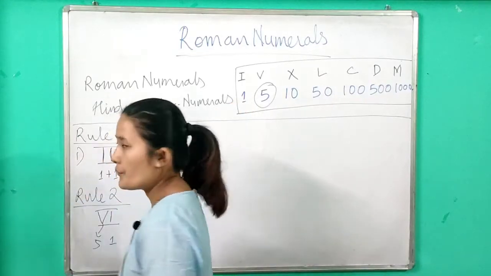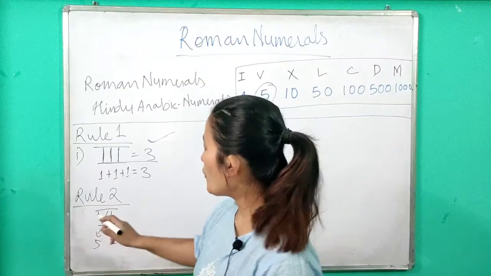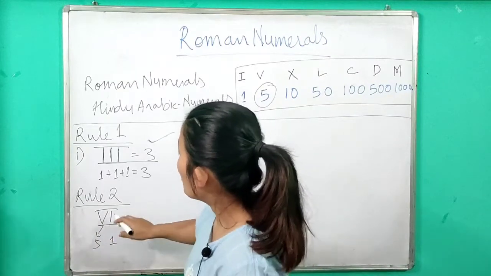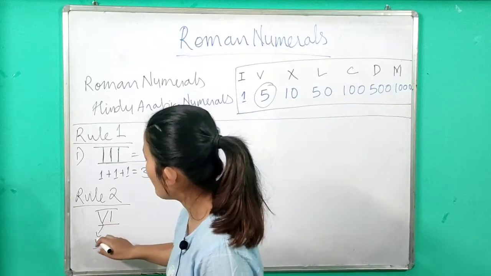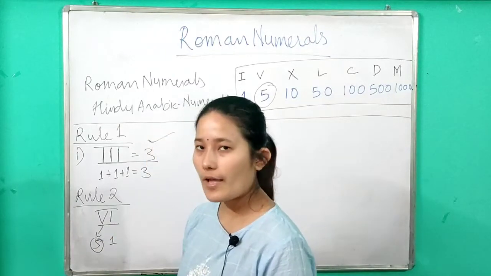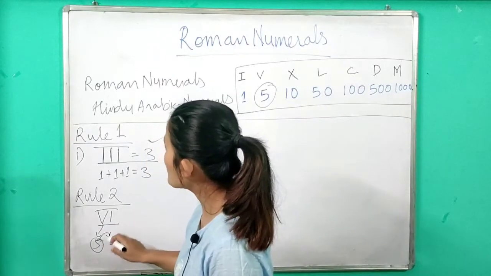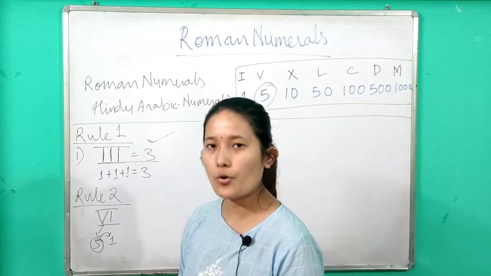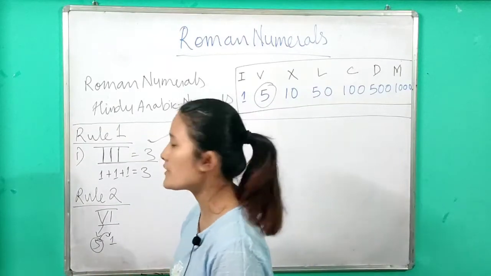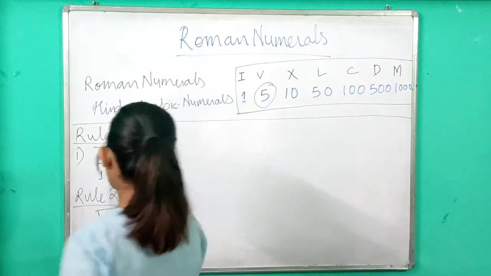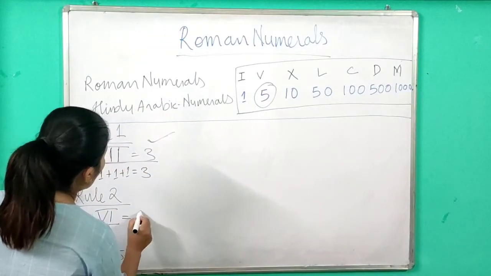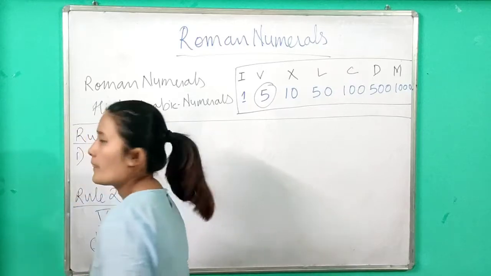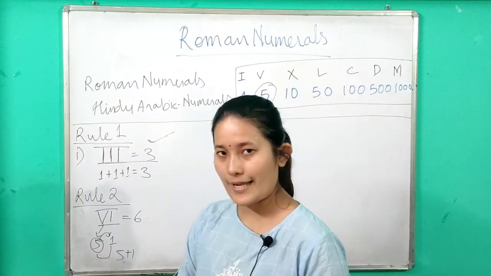So if the lower value symbol comes after the greater value symbol, then you have to add these two numbers. That is 5 plus 1, so 5 plus 1 will be 6. I hope you understood, right?